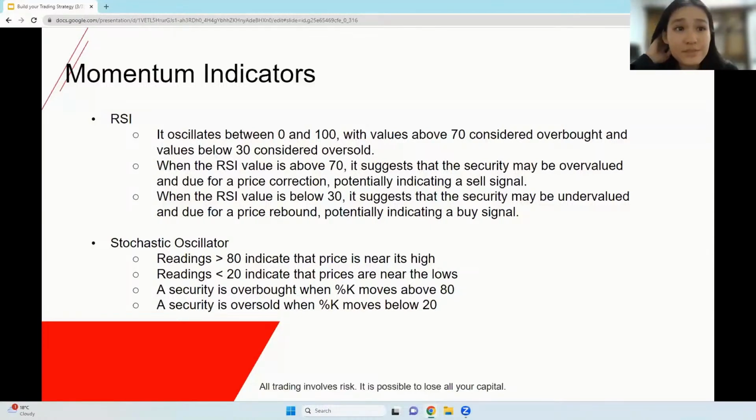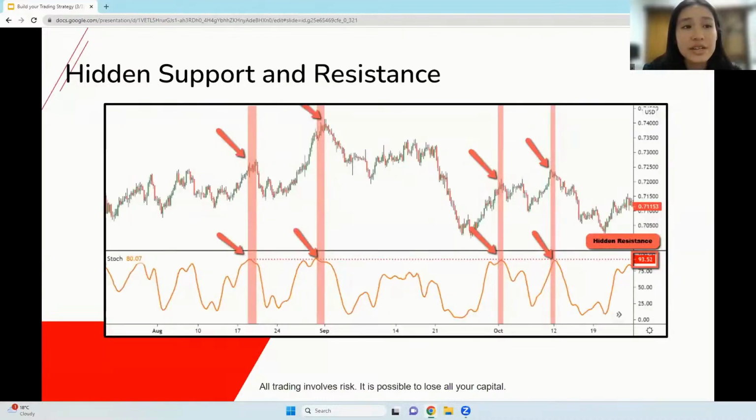For stochastic, readings above 80 indicate that price is near its high, and readings below 20 indicate that price is near the lows. A security is overbought when the K line moves above 80 and oversold when the K line moves below 20. So here is an example for stochastic.